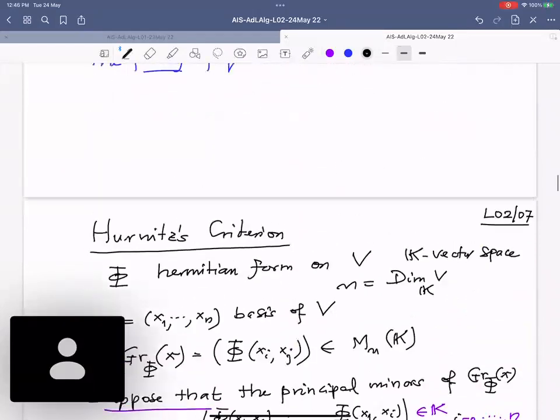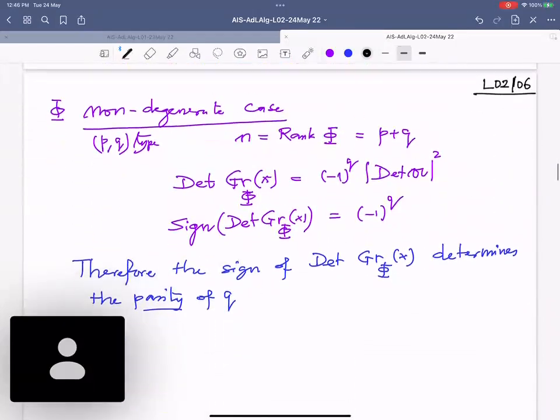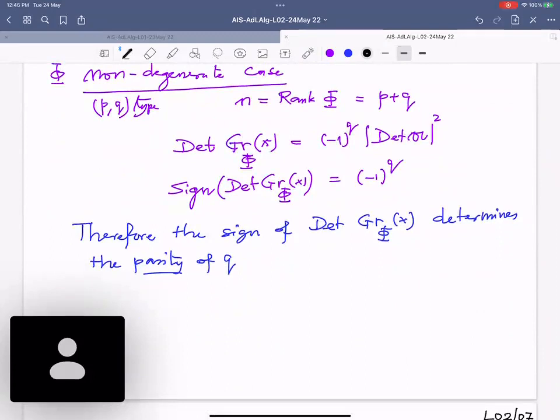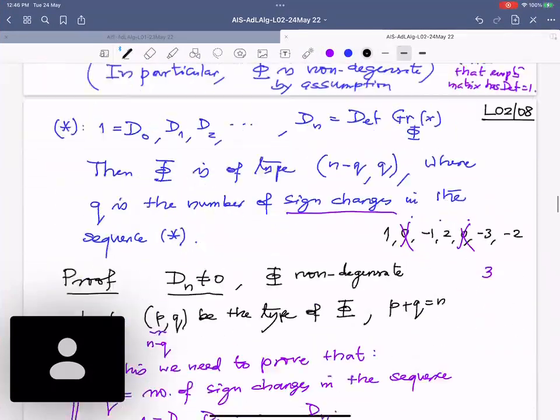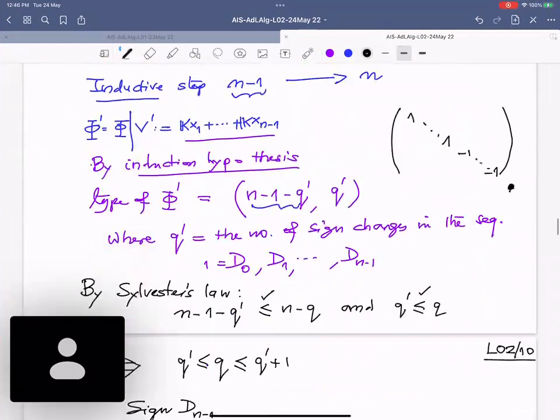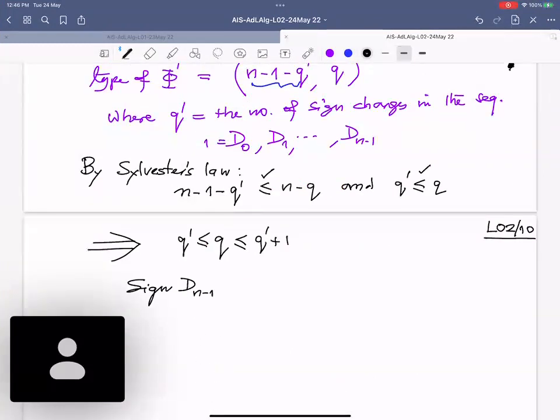In the non-degenerate case, sign of the Gram's determinant is minus 1 power of the Morse index. So that I am applying to phi prime. So the determinant of the Gram's matrix equals minus 1 power Morse index of phi prime, which is q prime.